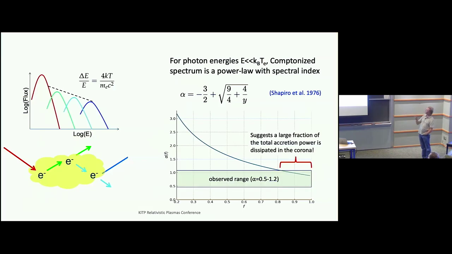This is the observed range for AGN. Most AGN have a very well-defined range of spectral indices of X-ray spectra. And so you can see this is pushing you all the way to very high dissipation rates in the corona, or in fact it doesn't work at all. There are observed sources where this just doesn't work.